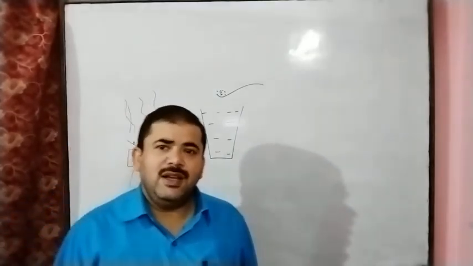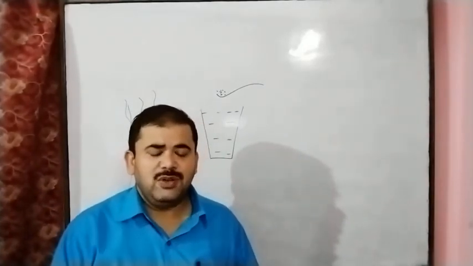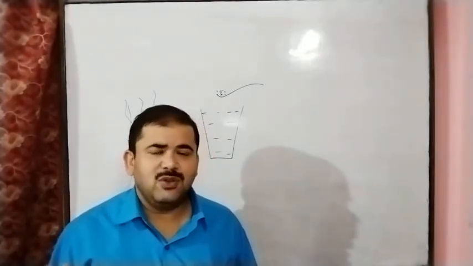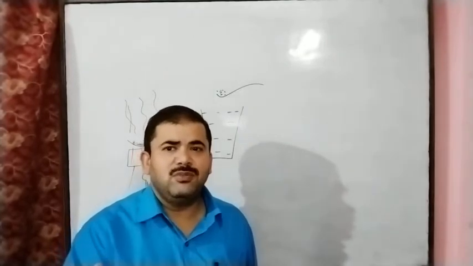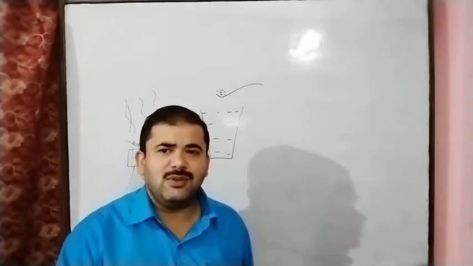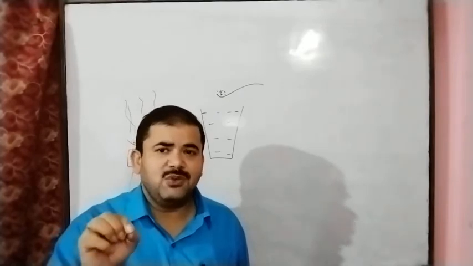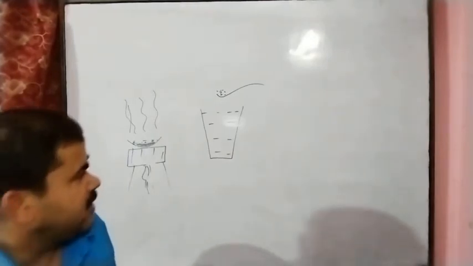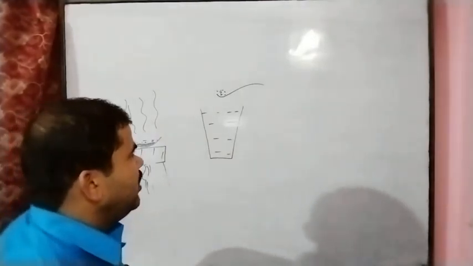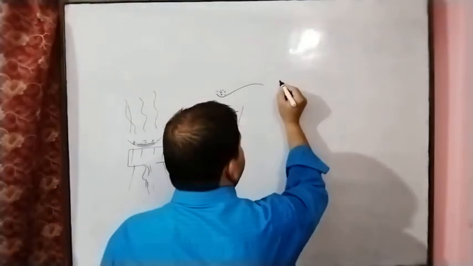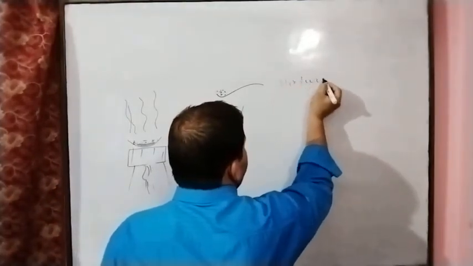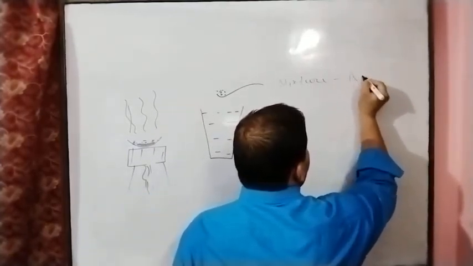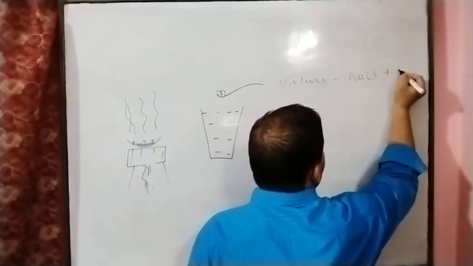And what is the principle here? In the mixture of more than one constituent, one substance should be sublime. For example, suppose we take a mixture of sodium chloride and ammonium chloride.